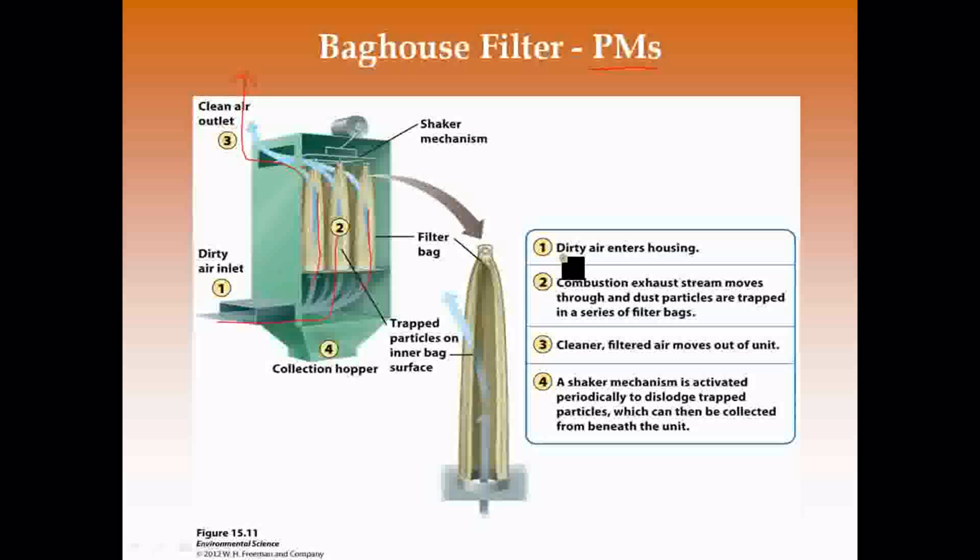So let's see, dirty air enters, combustion exhaust streams, moves through, the dust particles are trapped, cleaner filtered air moves out of the unit, and a shaker mechanism is activated to periodically dislodge the trapped particles so that they can just be collected at the bottom. That way you don't have to change the filter over and over again. Very simple operation, used primarily, as we said, for particulate matter, PMs.